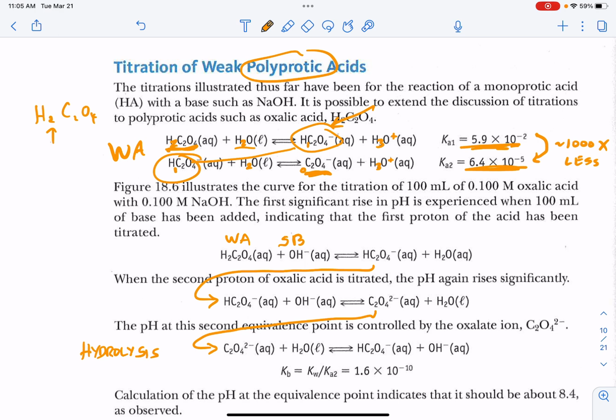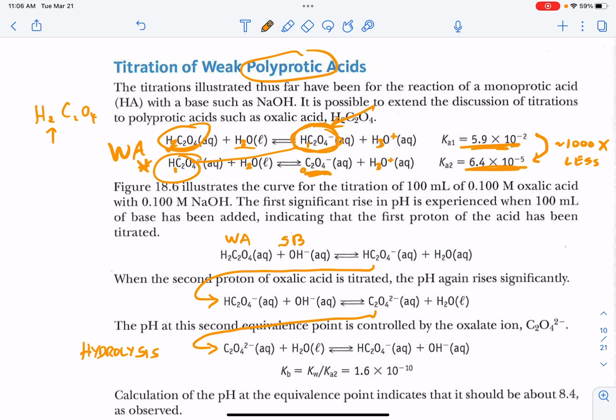Now, having said that about a polyprotic acid, what if we are titrating? If we are titrating against a base, then this second step is going to happen after the first step is complete. In other words, once all the H2C2O4s have lost their first proton to become HC2O4 minus, if we're still adding base, we can continue to drive the reaction to the right.